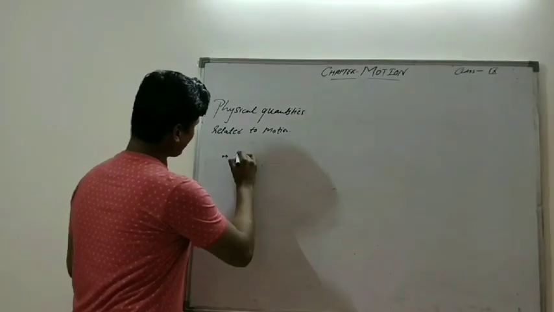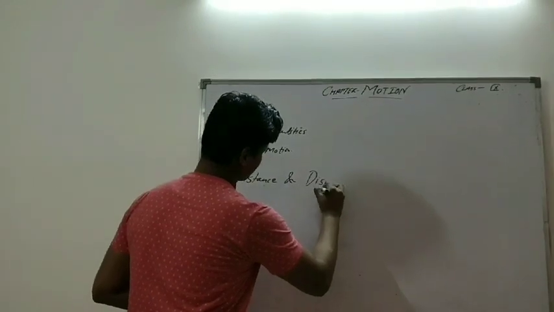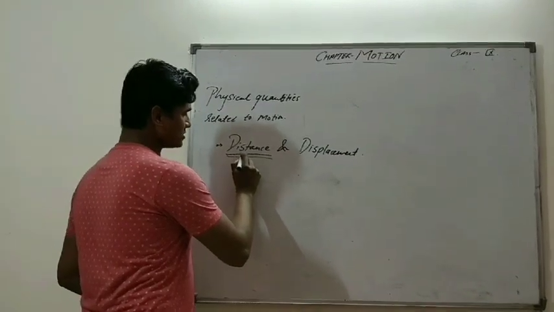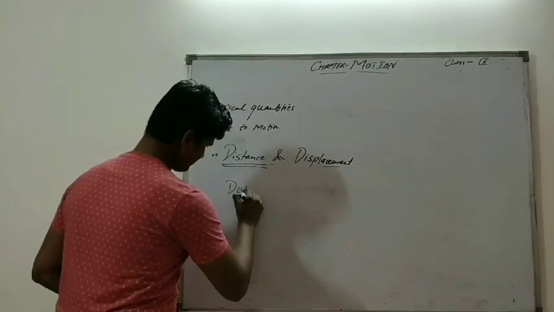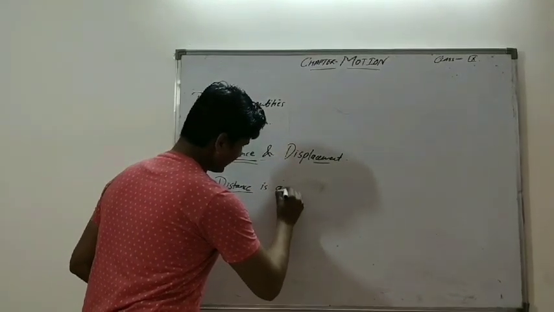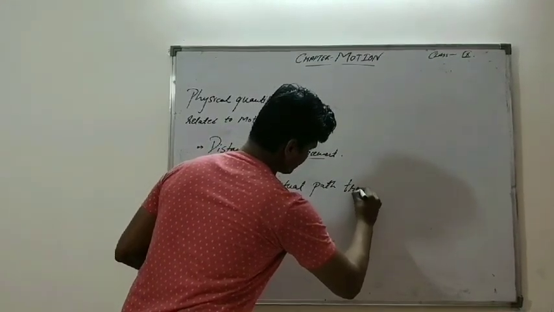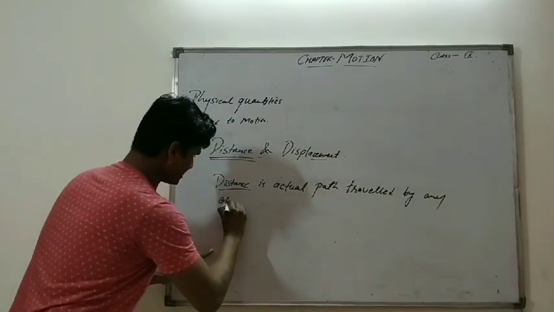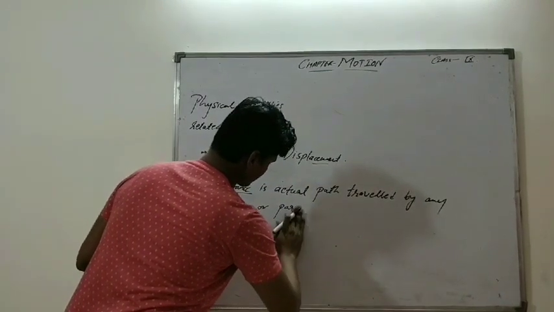Now, the other quantities are distance and displacement. Distance means the actual path traveled by any object or particle.